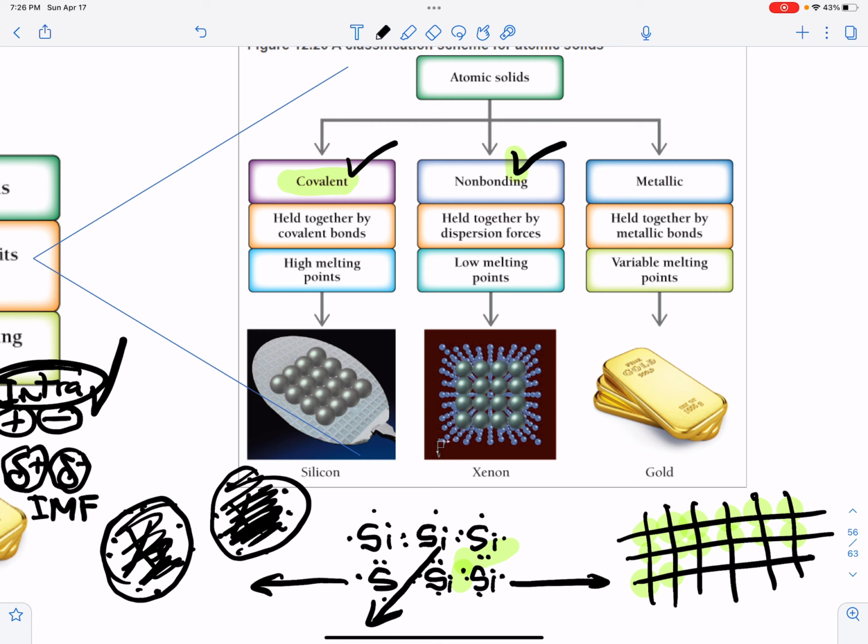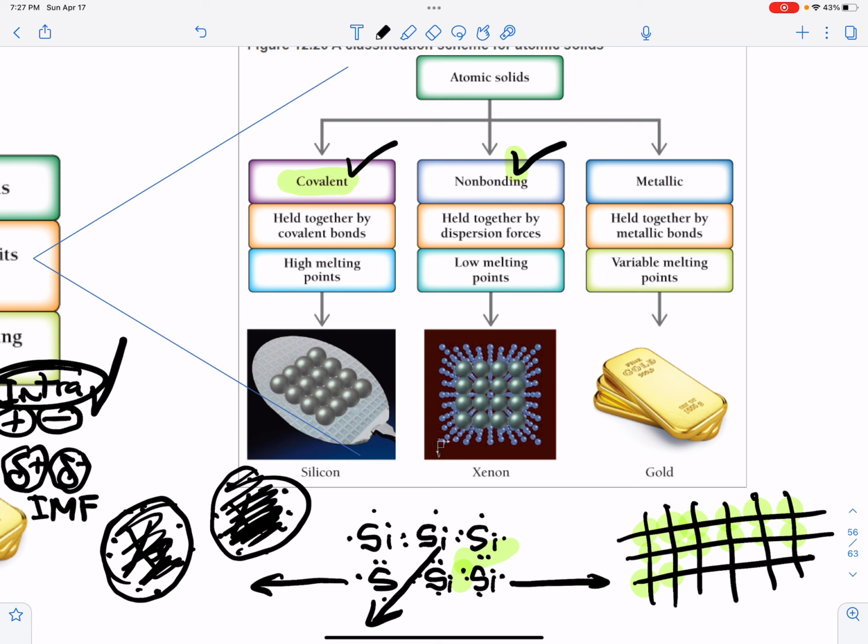But it's going to have to be under an extreme amount of pressure. They're going to have to be in a system putting a lot of pressure, forcing those gas molecules that want to be farther away from each other super close together. So it's going to have to be a lot of pressure and very, very low temperatures. But you can get a solid out of a noble gas.